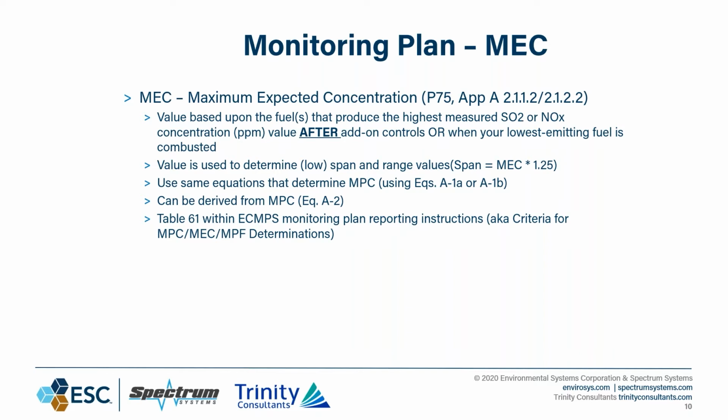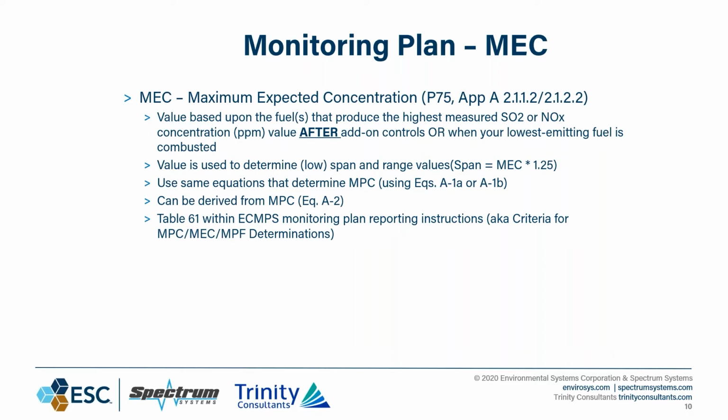For those of you that have dual ranges, your low range is usually determined based on this MEC value. And you can use the same equations that determine max potential, A1 alpha, A1 bravo. Your MEC can be derived from your max potential. You can refer to table 61 as an example within the ECMPS monitoring plan reporting instructions, also known as the criteria for MPC, MEC, and another acronym here, max potential flow determinations.